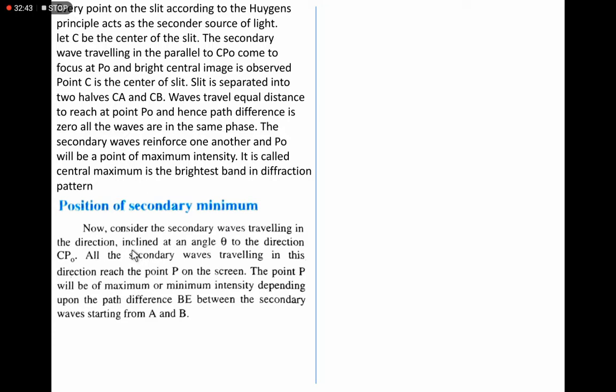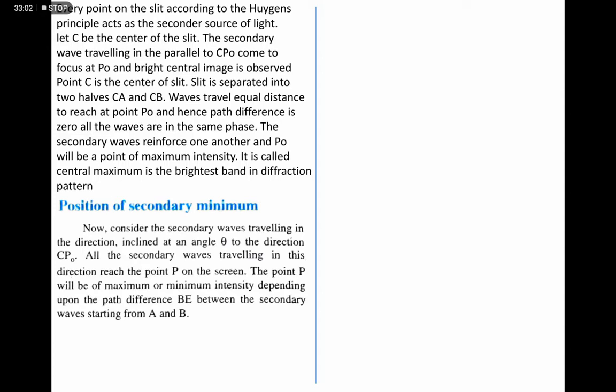Here, the light waves after passing through the slit diffract, and make an angle theta, a little bit inclined to the straight line of light waves incident on the lens.